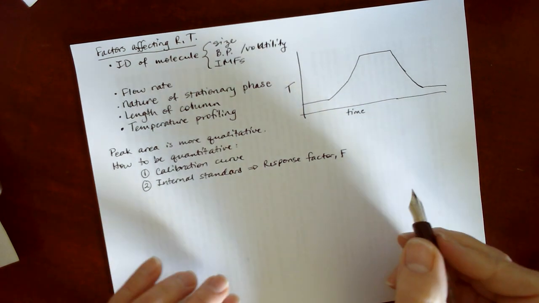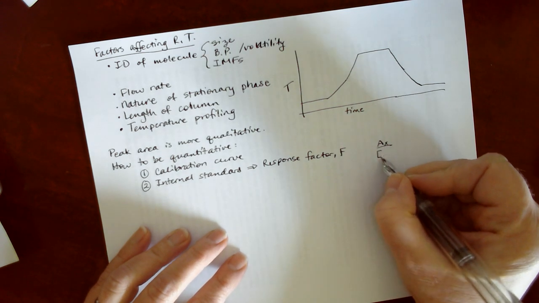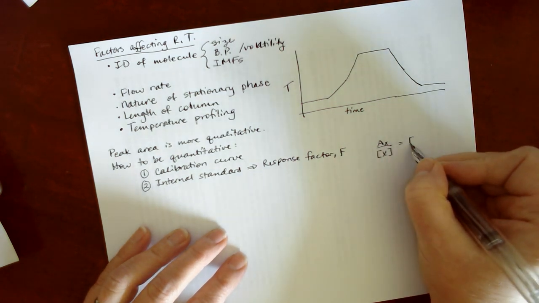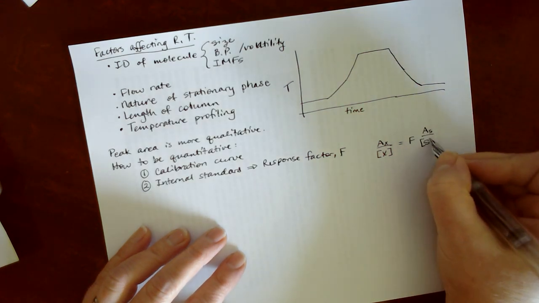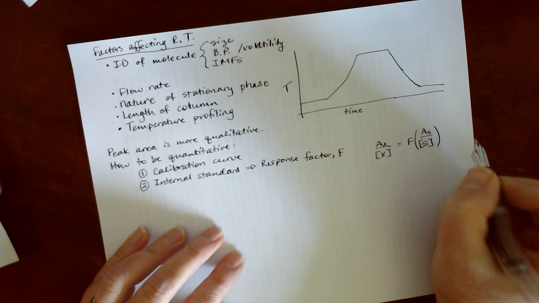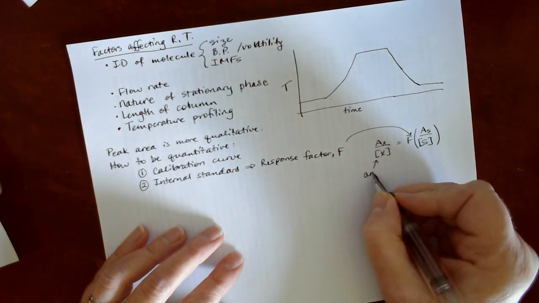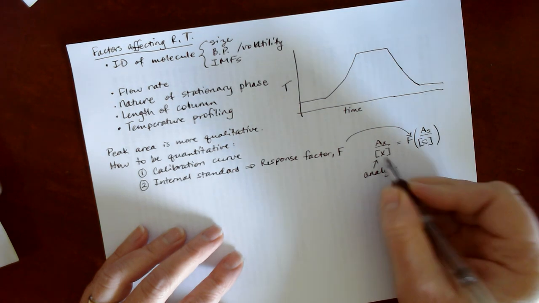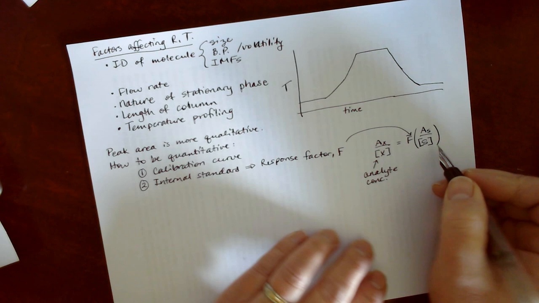So the way that we do this is with this little equation, and I'll define the terms here in a second. Okay, so F is that response factor, and then X here, this is the analyte. And so concentration can be any kind of unit as long as your units are the same.